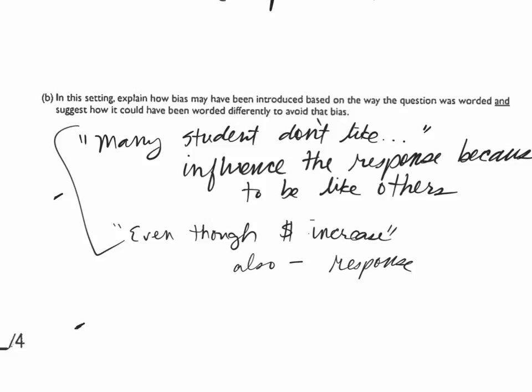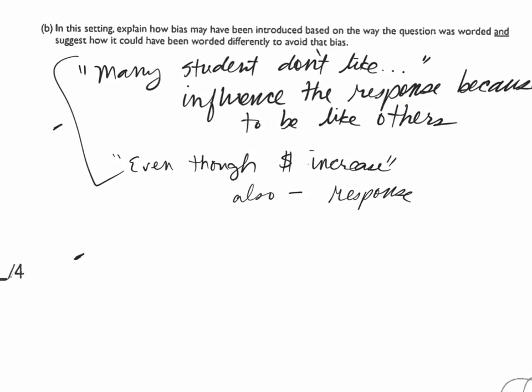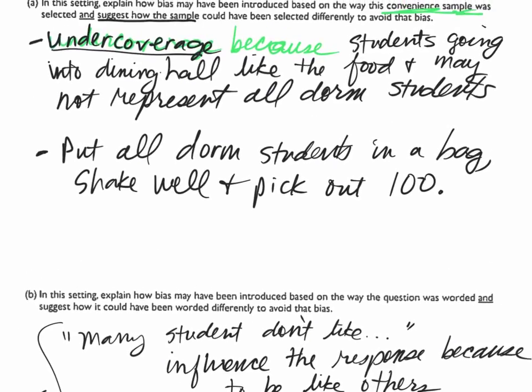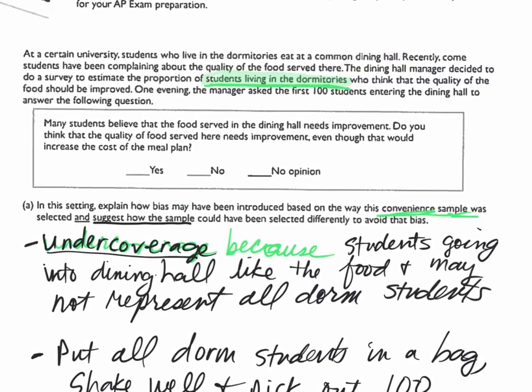And then what do you think is the last point? Rewriting it. How would you rewrite it to avoid bias? Taking out those parts. If all you put was, do you think that the quality of food served here needs improvement, then you would be good.